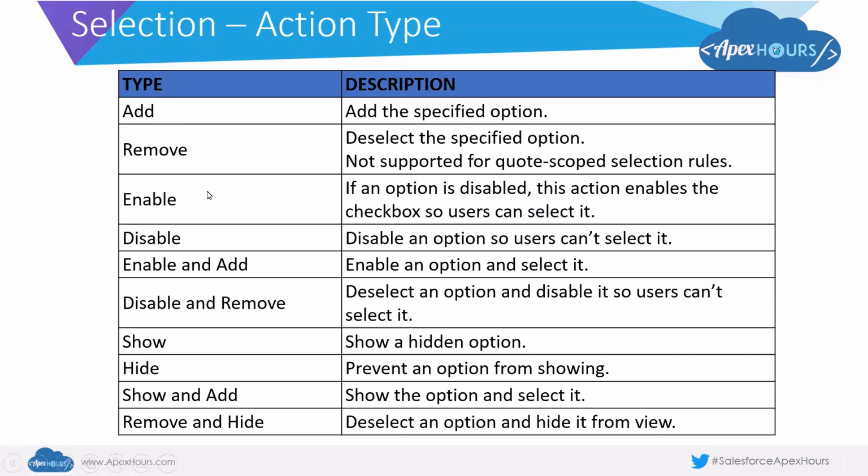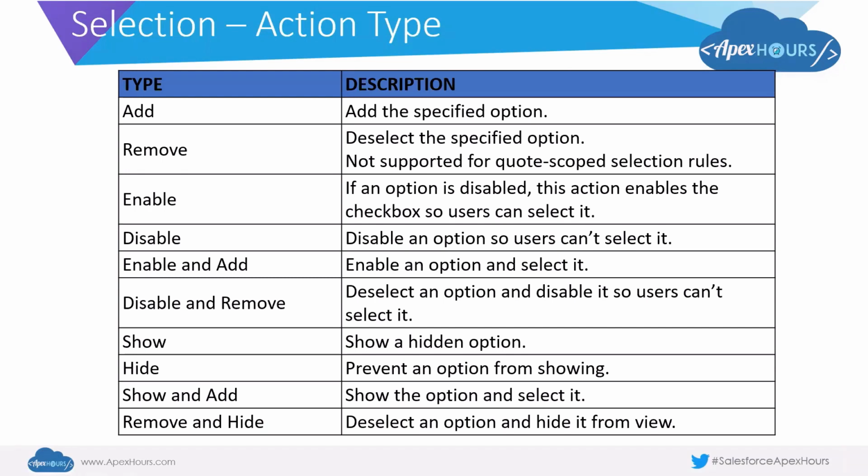Enable: if an option is already disabled, this action enables the checkbox so users can go ahead and select it. Disable is the opposite of it. Disabling an option will make users unable to select the particular option. Then there is enable and add. What enable and add would do is enable an option and also automatically select it.